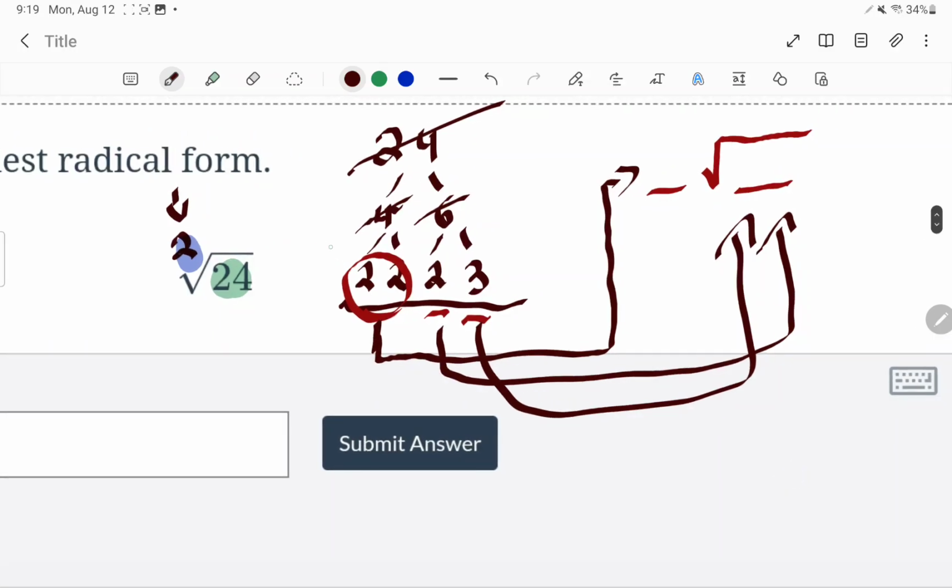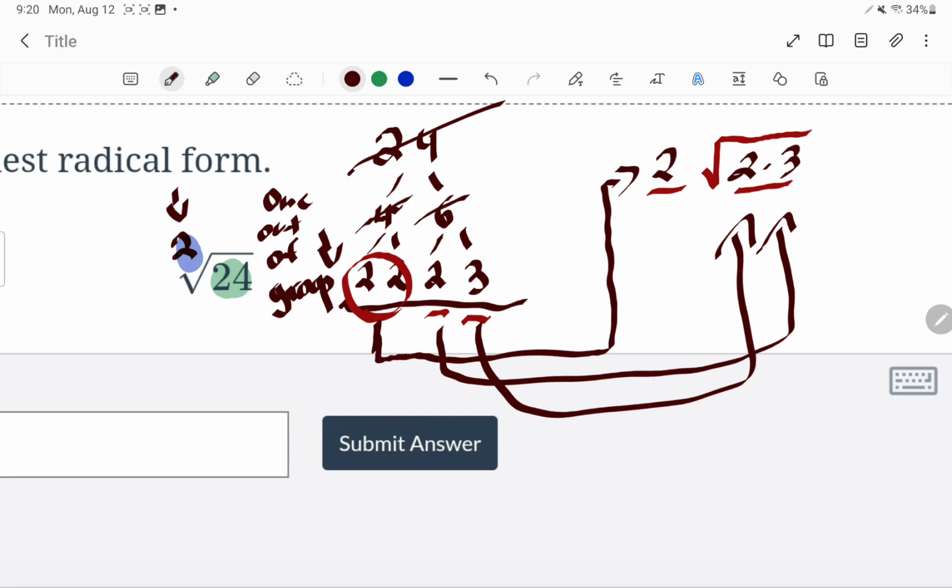It's very important that you understand you can only take out one out of the group. I'll probably show a different example so we can go a little faster. So we're going to take out one out of the group, and that's just going to be 2. On the other side, we put the 3 and the 2 inside.